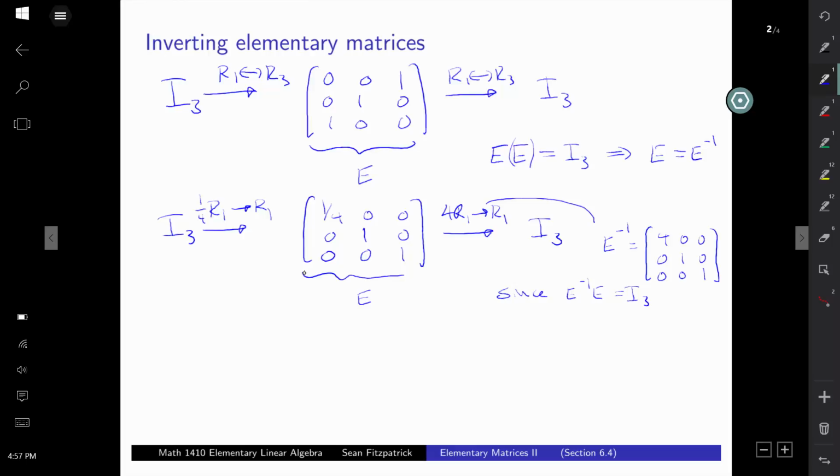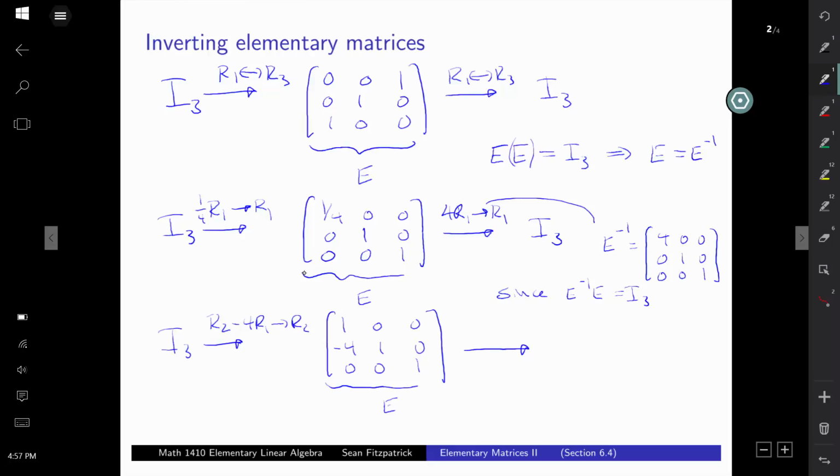Similarly, let's say I do row 2 minus 4 row 1 becomes my new row 2. So 1 0 0, minus 4 1 0, 0 0 1. If that's my E, and I wanted to get back to the identity, I'd have to get rid of that minus 4.